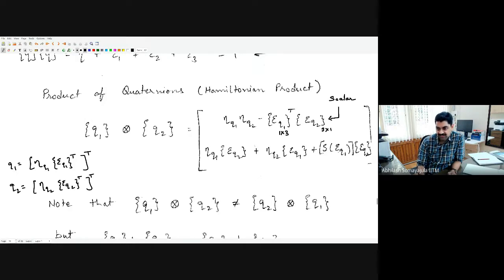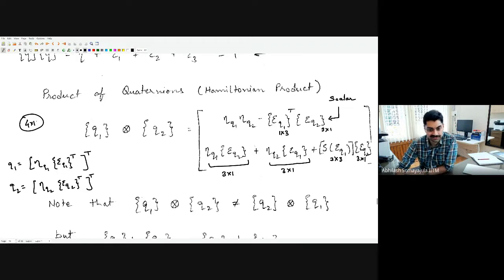So notice that this here is a 3 cross 3 matrix multiplied by a 3 cross 1 vector, so this will be a 3 cross 1 vector. Similarly, this also will be a 3 cross 1 vector. This also will be a 3 cross 1 vector. So when I put everything together, this product of the two quaternions will also be a 4 cross 1 vector, which a quaternion should be. Is that making sense?